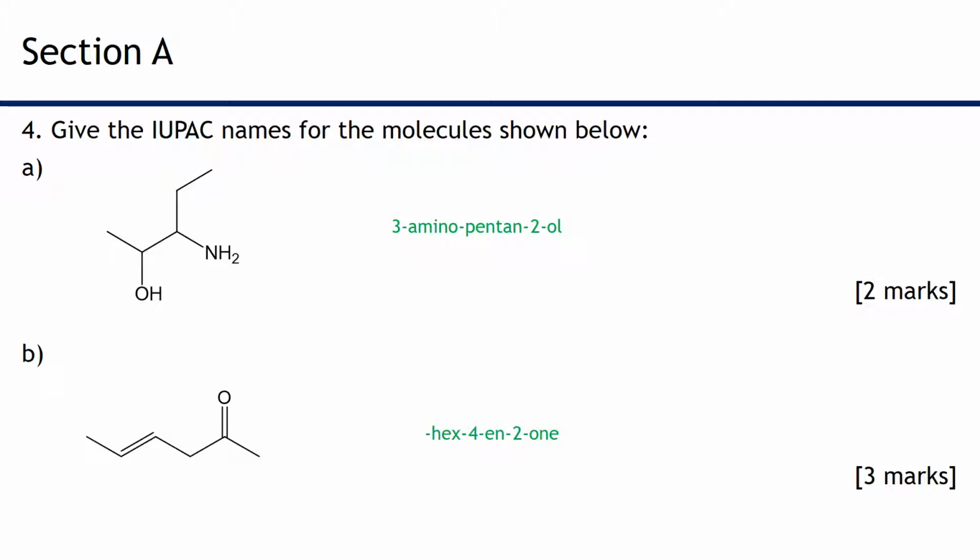Now, you'll notice that there's still a hyphen in front of the hex there. That means there is another part to this name, and that is identifying the stereochemistry that we have around the alkene bond in there. Is it E or is it Z? Well, if we look at the groups that come off of the carbon-carbon double bond, we have 2 hydrogens that are implicit in there and 2 parts of the carbon chain.